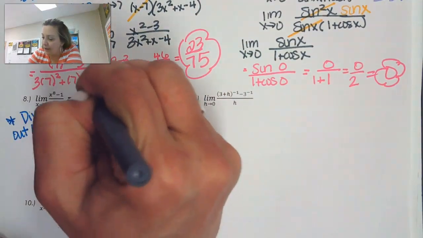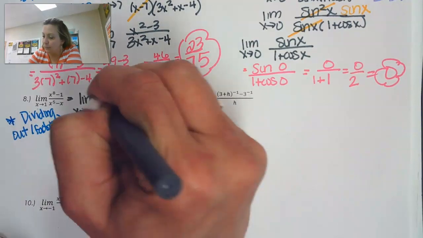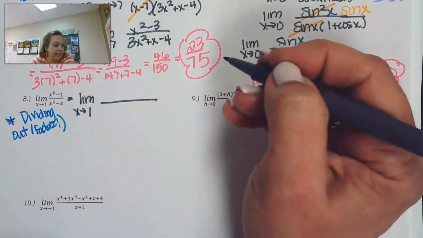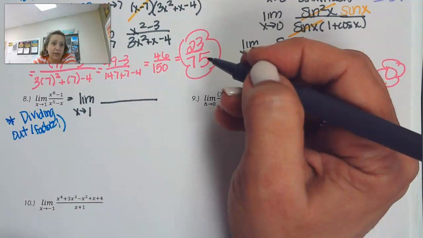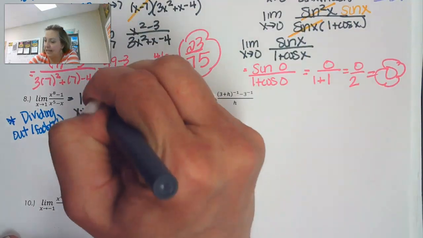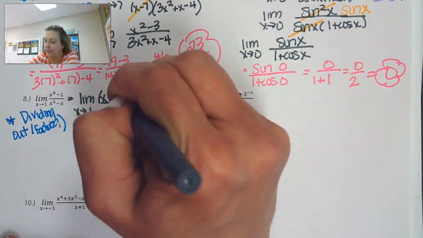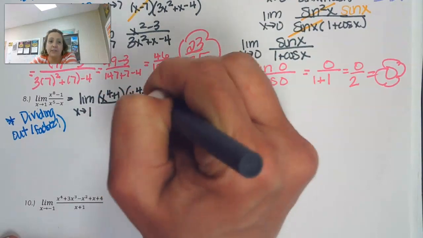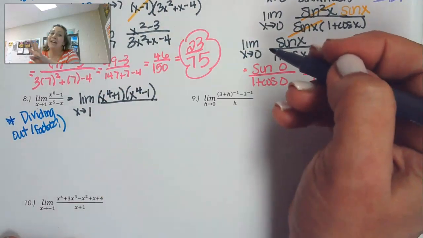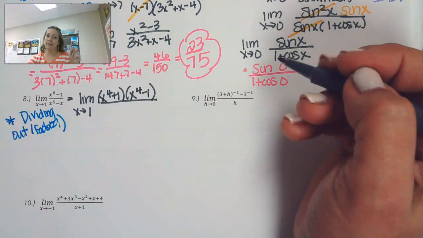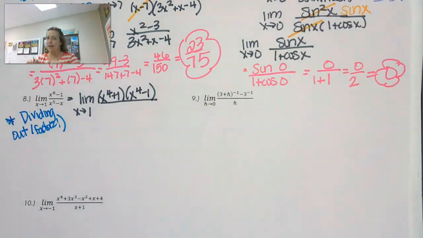One special thing about x to the 8th minus 1, did you guys notice that that is the difference of squares? That we can factor that as x to the 4th plus 1 and x to the 4th minus 1. Now I get excited and want to factor x to the 4th minus 1, but I'm going to hold back. You'll see why.